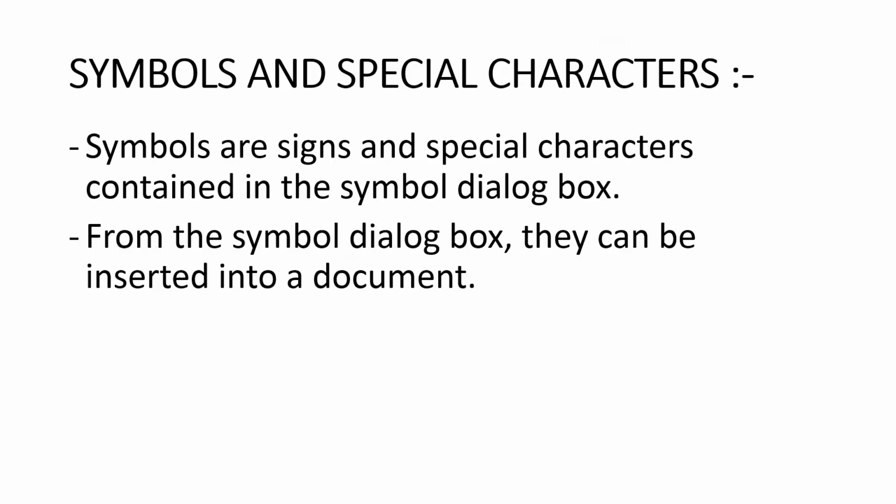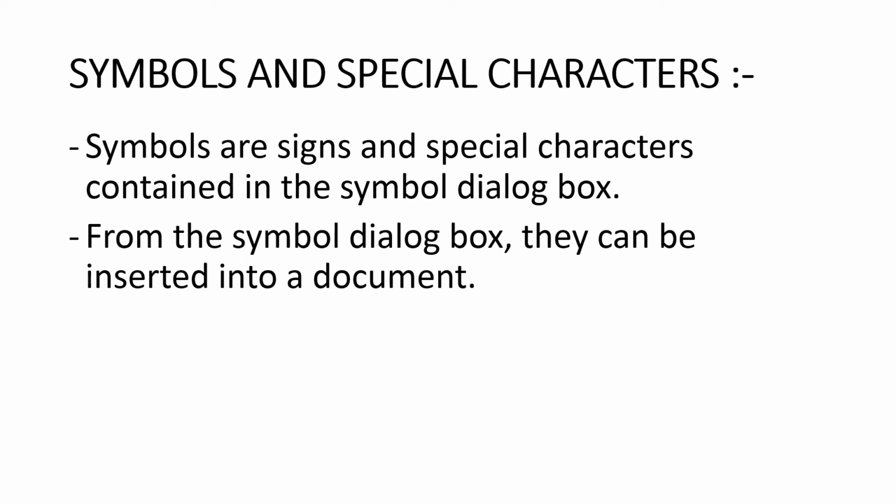Fine. Now the next and the last concept in this chapter that we are going to see is symbols and special characters. The symbols are the signs and special characters contained in the symbol dialog box. They can be inserted into the document, and after inserting they can also be formatted just like any other regular text.